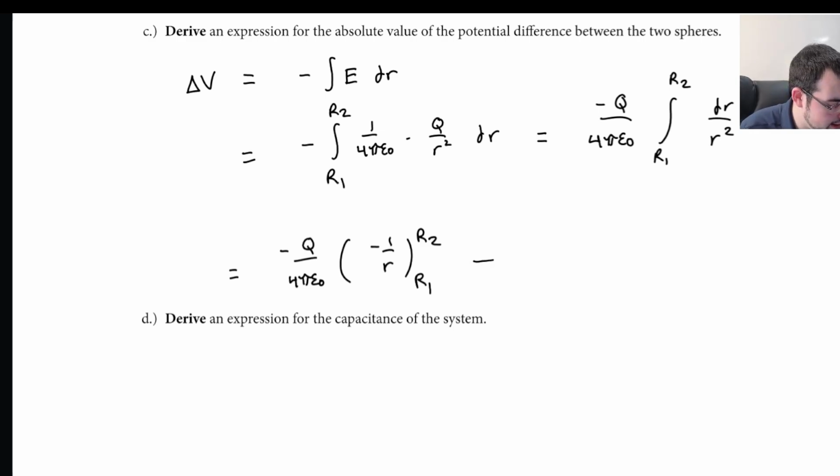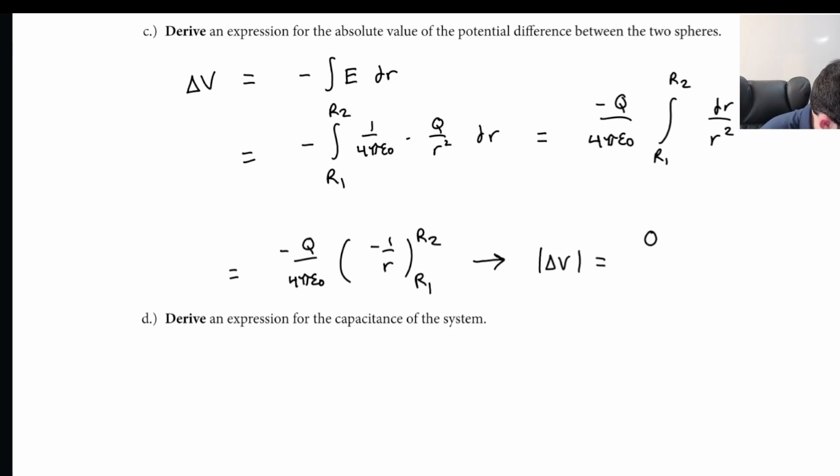And if we work that out and we make it non-negative, if we plug in 1 over R2, that's going to be a small number. And if we plug in 1 over R1, it's going to be a bigger number. So we'll write it like this.